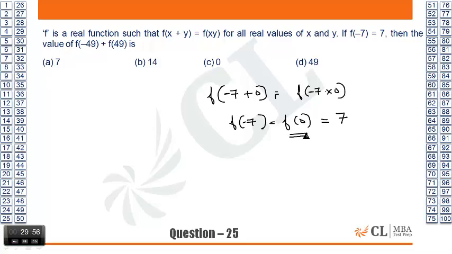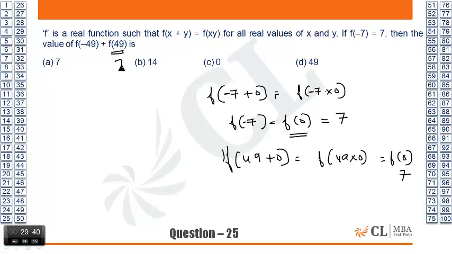But anything will be f of 0, no? f of 49 plus 0 would be f of 49 into 0, which will also be equal to f of 0, 7. So this is 7, this is 7, 14.